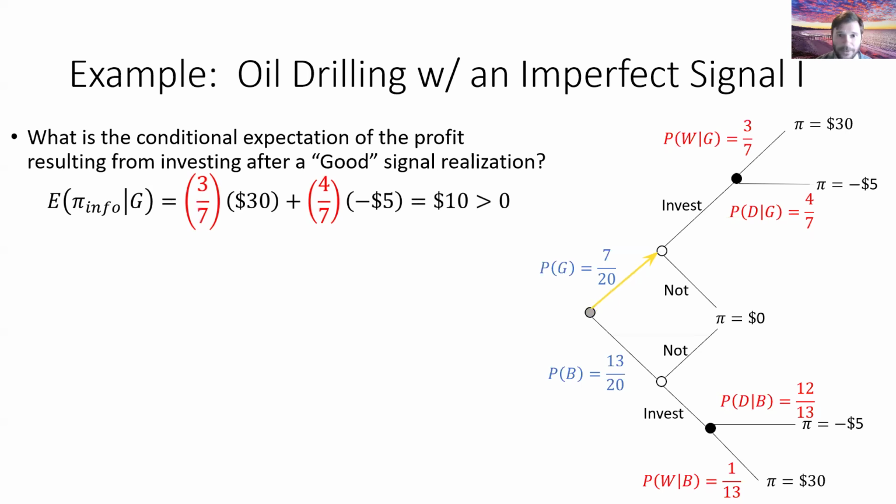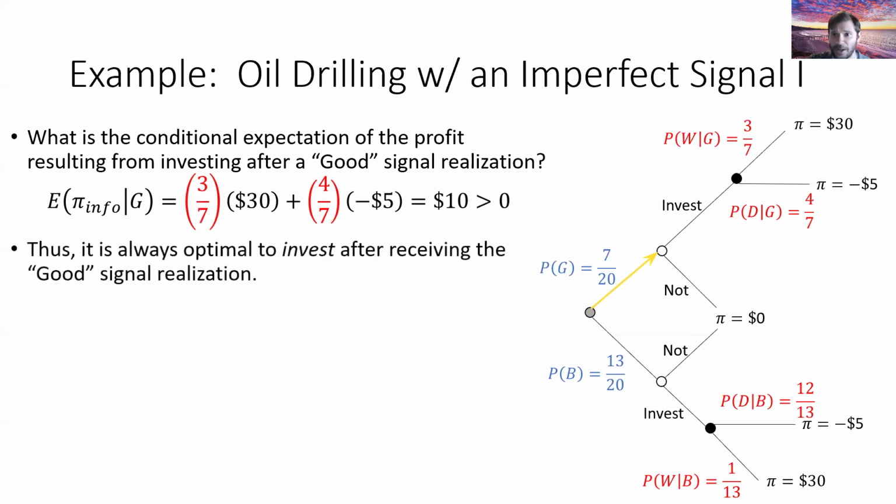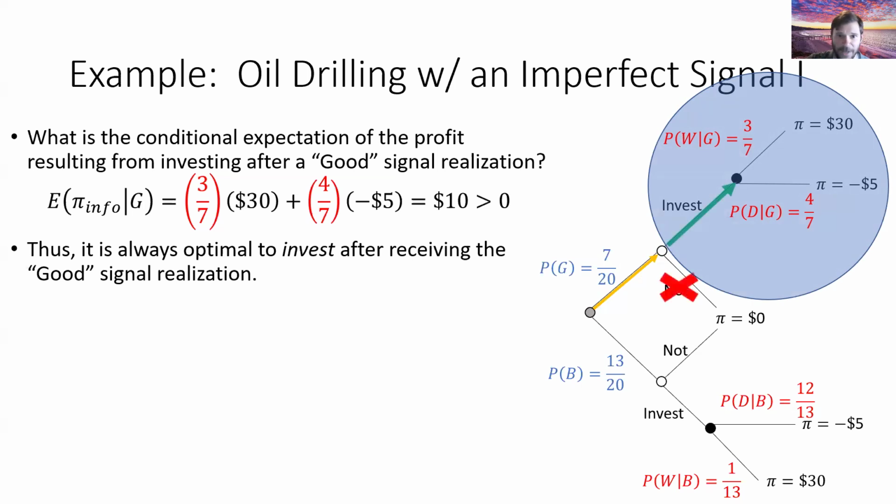And since that is greater than 0, our optimal action is still to invest following a good signal realization. Given that good signal, that put us here, and we just said our optimal action was to invest. We would never stay out following the good signal realization.